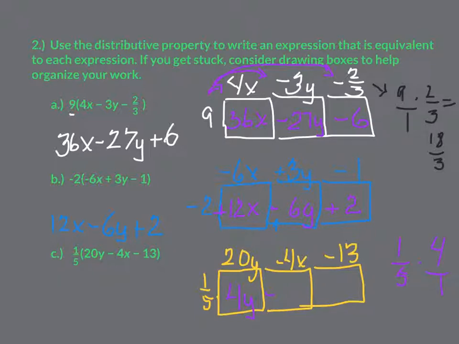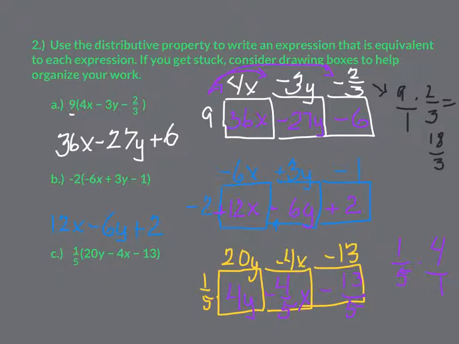So that'll give me 4/5 x. Positive times a negative is a negative. And this one's just like the other one, top with the top and bottom with the bottom. So I'm going to end up with 13 over 5, or 13/5.